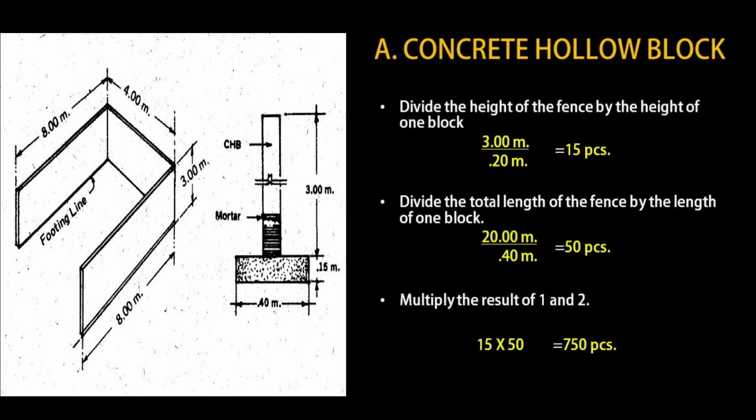Next, we must divide the total length of the fence by the length of one block. The overall length of the fence is 20 meters and we must divide it by 0.40 meter. The answer will be 50 pieces. We then multiply the result of the first and second. 15 times 50 is equal to 750 pieces of concrete hollow blocks.